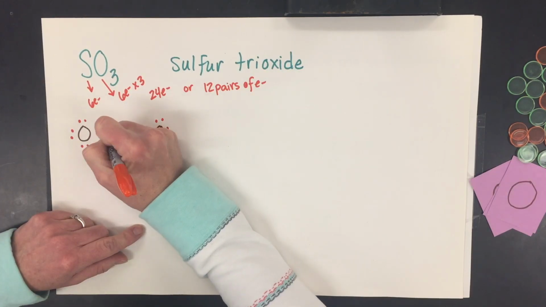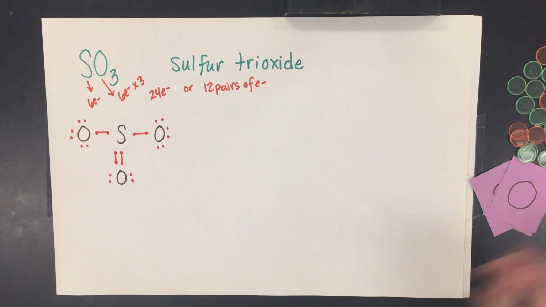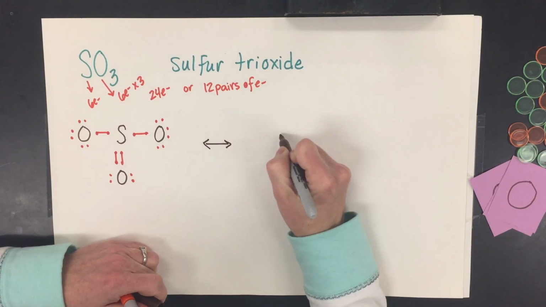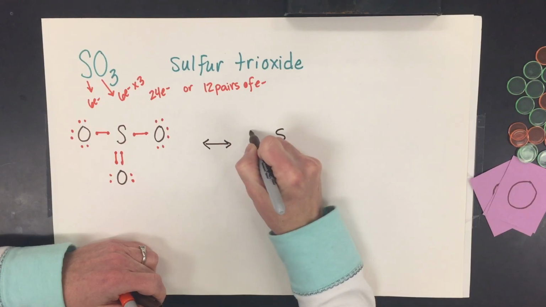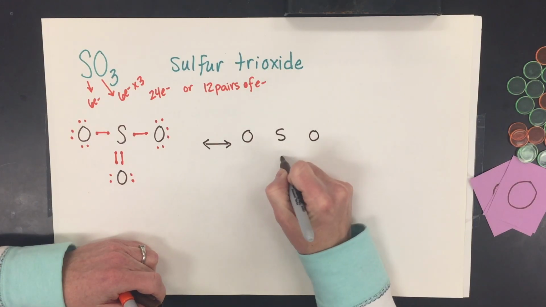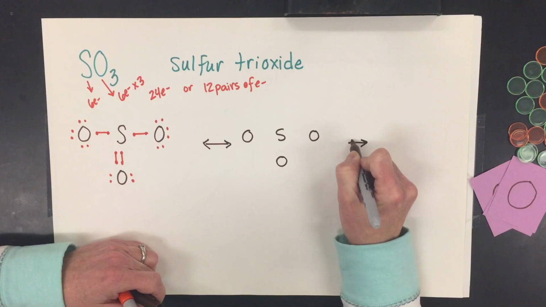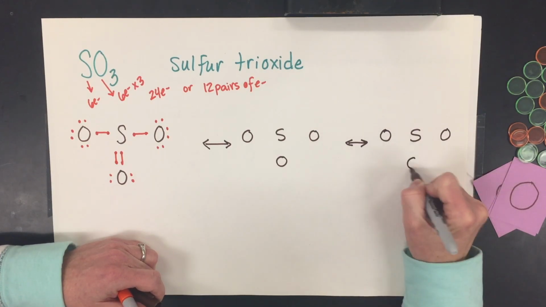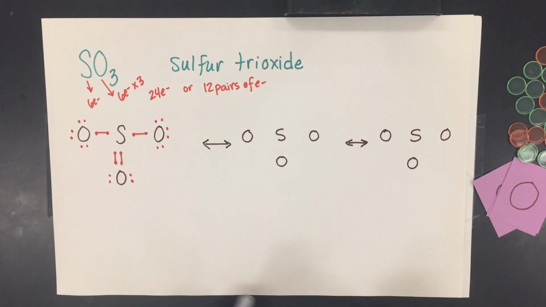Now, that oxygen currently has the double bond, but this molecule has 2 other answers. And I'll show you why. So this one would have 3 valid Lewis dot structures, or 3 resonance structures that are all valid.